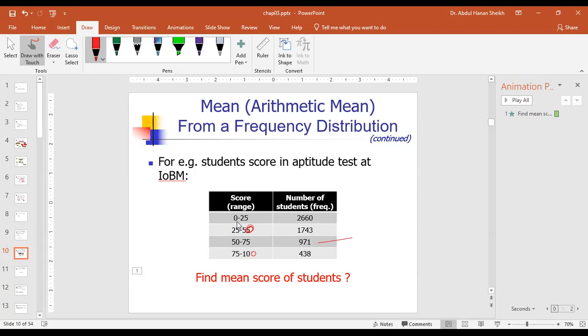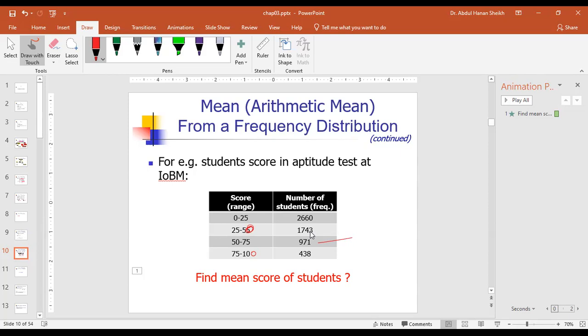The midpoint of this is 12.5, so we assume that all these students have a score of 12.5. So we multiply 12.5 with this one, plus again we take the midpoint of this class, which will be 37.5, I guess. So we multiply 37.5 with this one. This means we assume that all these students have 37.5 marks.